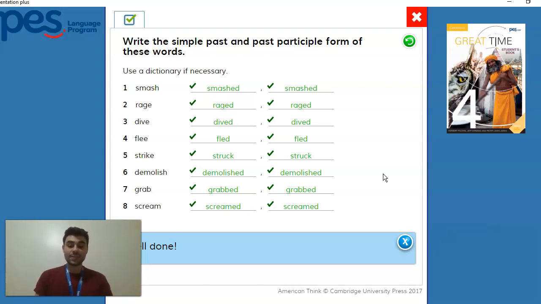To flee is to escape by running away, especially because of a dangerous situation. So you see fire, then you flee because you need to run away really fast. To strike is to hit or attack someone or something forcefully or violently, right?